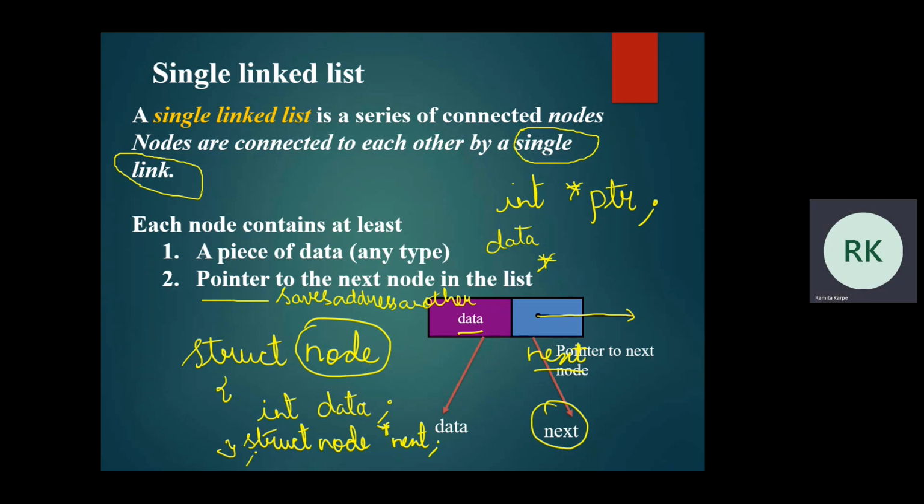So this is how we are going to declare struct node. This struct node is a user defined data type, which we have declared for the node of a single linked list. It contains the data part and the next part. So I hope this is clear.